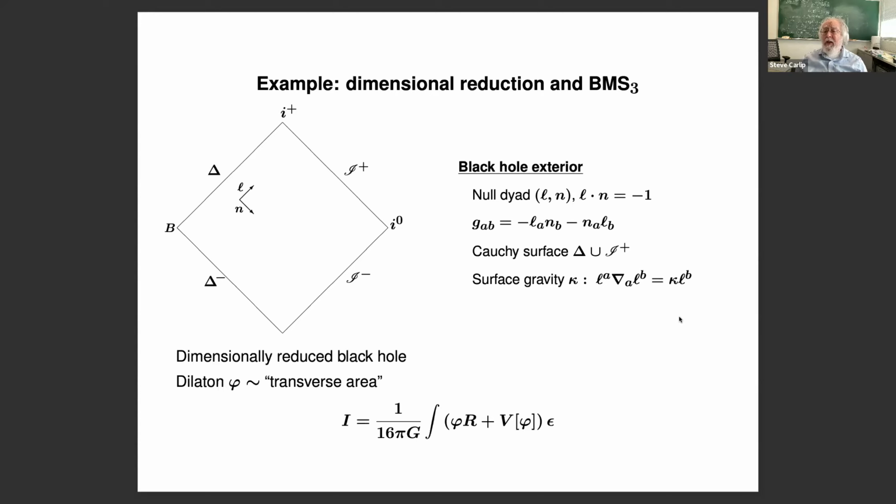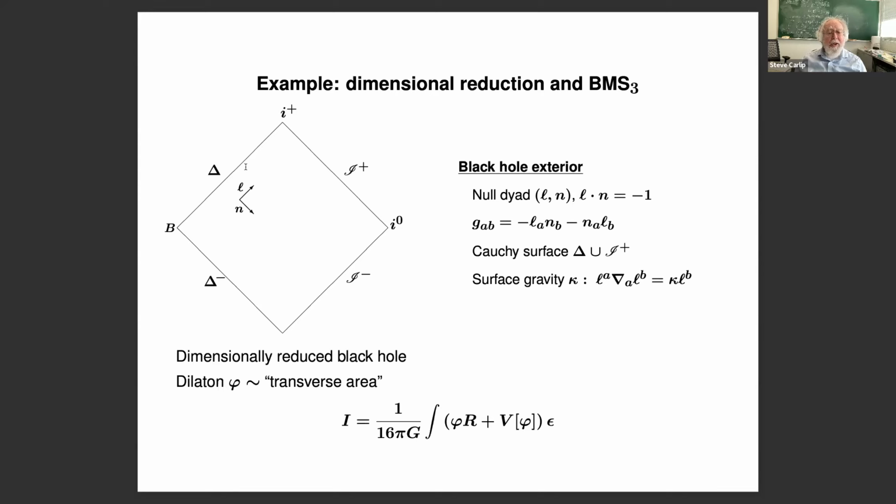If you do that, then near enough to the horizon, you can dimensionally reduce general relativity, the Einstein-Hilbert action, to a two-dimensional theory. You get a Penrose diagram that looks like this.